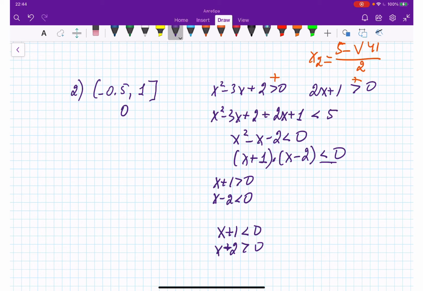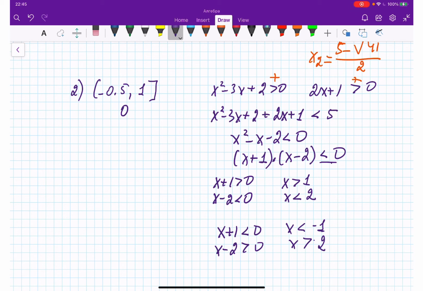Okay, in this case, x is greater than negative 1 and x is less than 2. In this case, x is less than negative 1 and x is greater than 2.